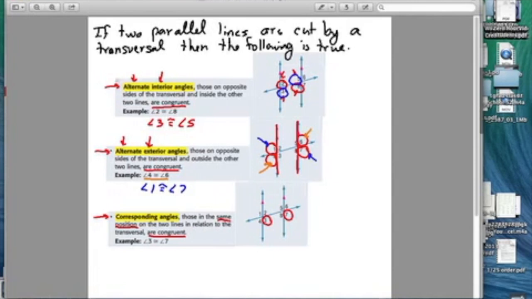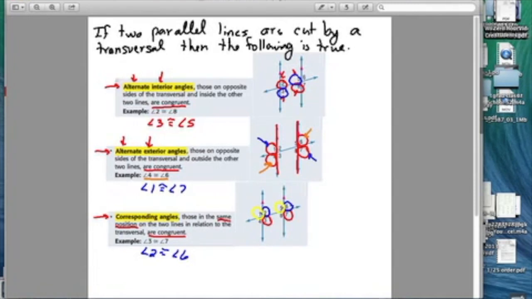Well, let's look and see. Angle 2 is located right here. Which angle is in the same spot on the other pairing? Well, it would be angle 6. So down here, you can put that angle 2 is congruent to angle 6. What's another pair? Well, how about angle 1 and angle 5?